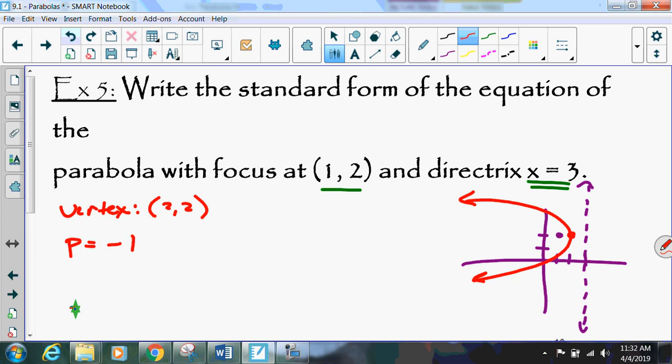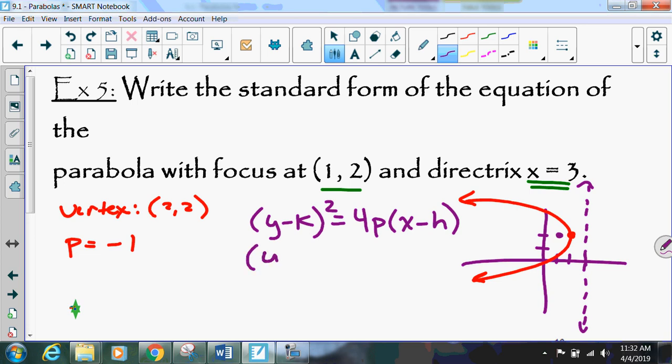All right, so here we go. I know I have an H and K. I know I have a laying down parabola. So I know that I will be using the formula with the Y here, that's squared. And so I'm going to go ahead and put my vertex in. I'll put the 2 there, and I'll also put the 2 there.